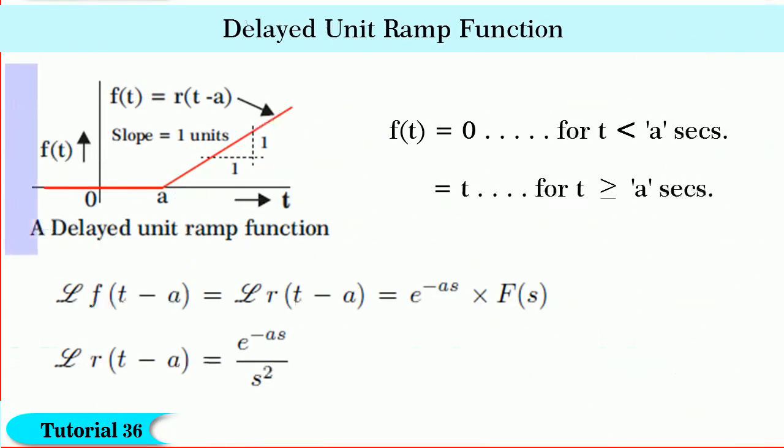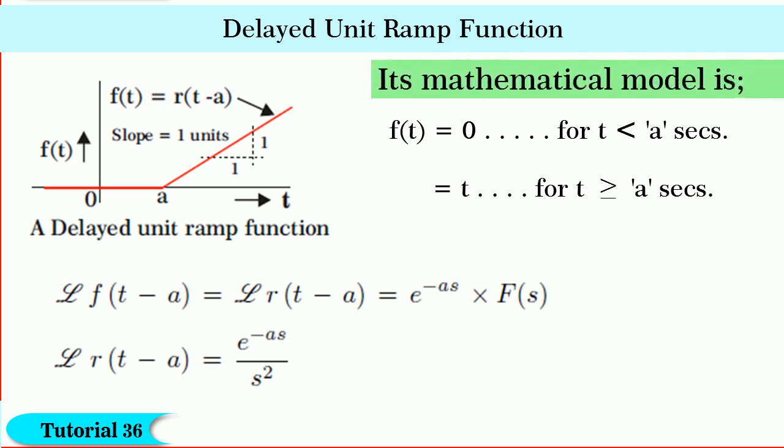Friends, next we shall take up a unit delayed ramp function delayed by a seconds as shown in figure. The function has a slope of 1 unit and is represented as f of t is equal to r of t minus a. Its mathematical model is f of t is equal to 0 for t less than a seconds and is equal to t for t greater than or equal to a seconds.